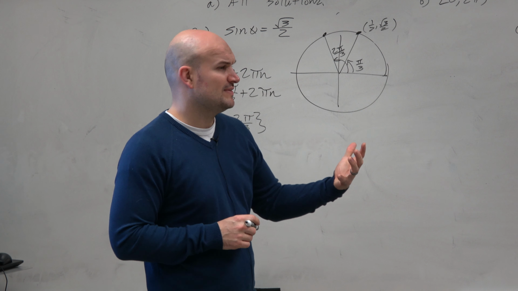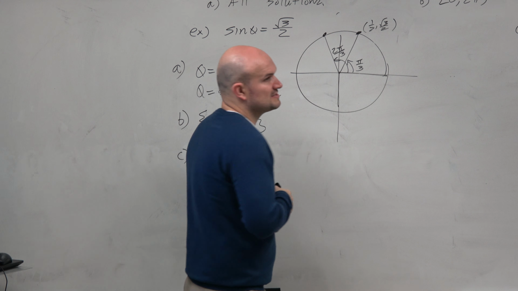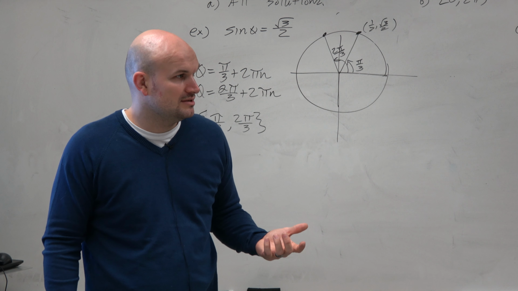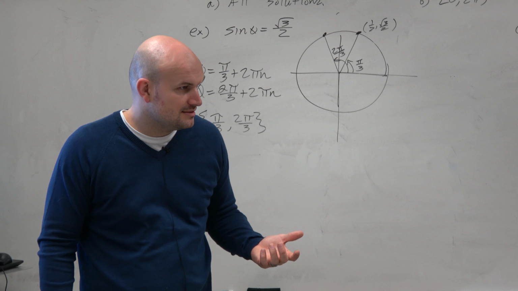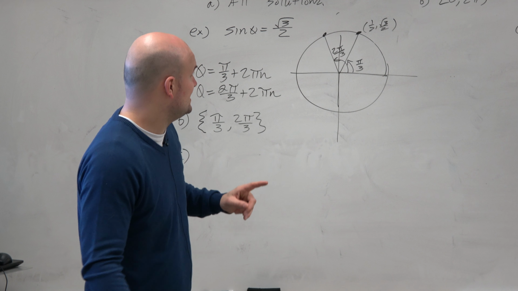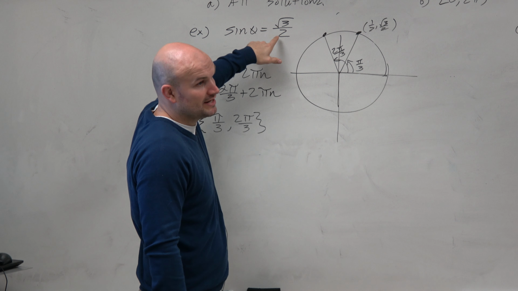So again, let's think about that. That is from 0 to negative pi halves. Is there a solution in that quadrant, that fourth quadrant? Let me ask you this question. Is sine ever positive? Because sine has to be positive, right?